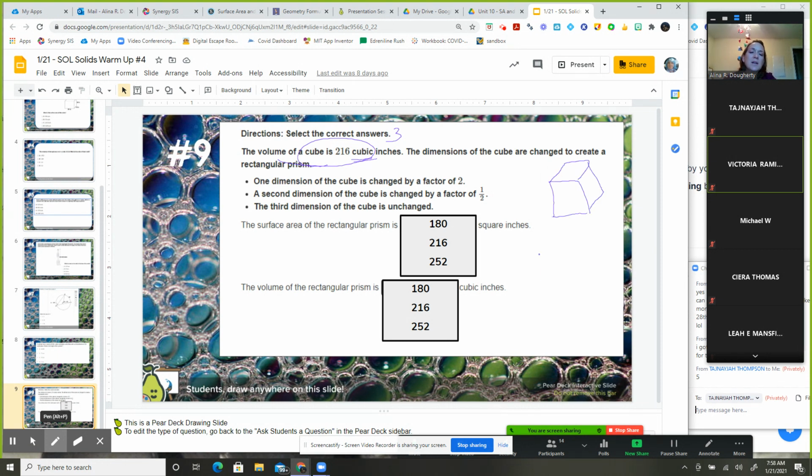And then it turns into some kind of rectangle. One dimension of the cube is changed by a factor of 3. So what I can do is I can find the side lengths of my cube by taking the cube root, right? Do we remember how to take the cube root in Desmos?